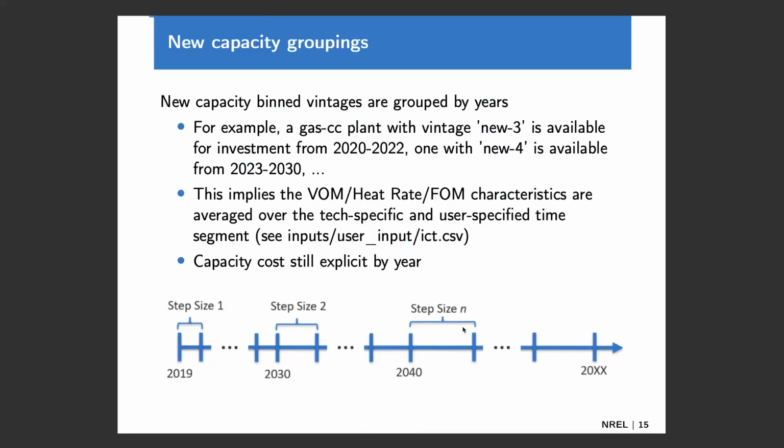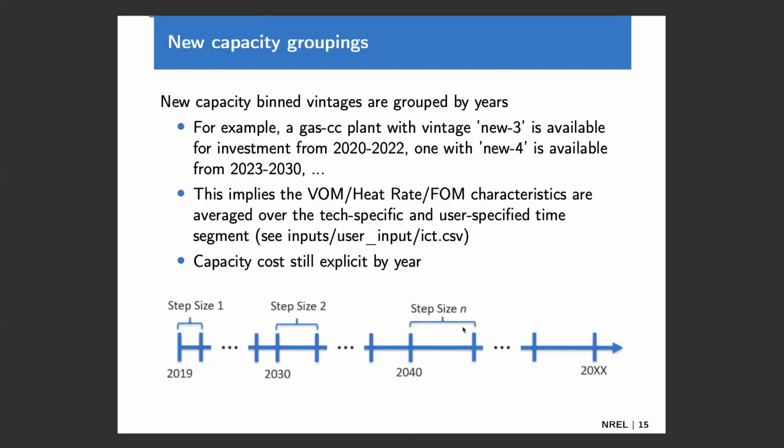So Kelly and I came up with this idea that we would have a representative plant that you could invest in from a certain period of time. For old technologies, they're essentially binned by their heat rates. For new technologies, we assign them years over which we'll get a representative plant.